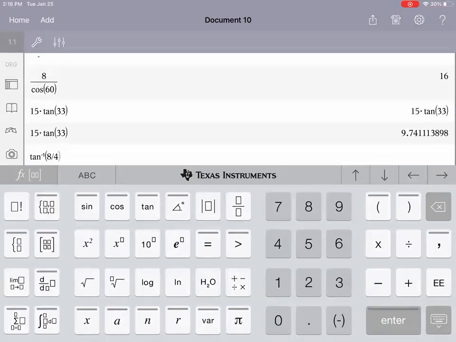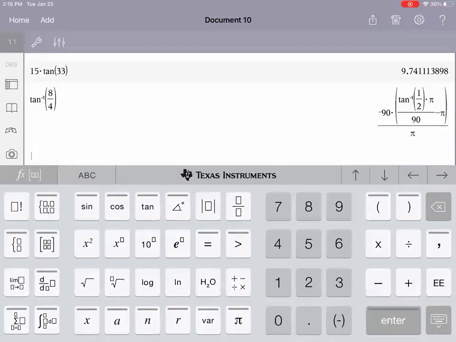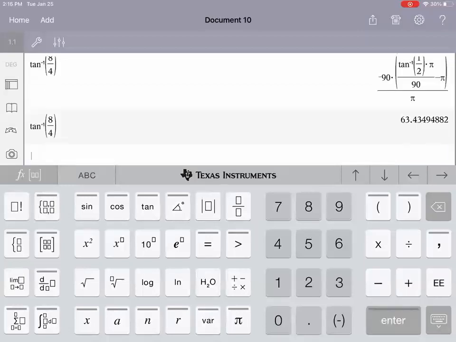No, you could, I'm sorry, go ahead. Yeah, what the heck is that thing, right? Remember, let's approximate that. Okay, so it is about 63.4 degrees. What?